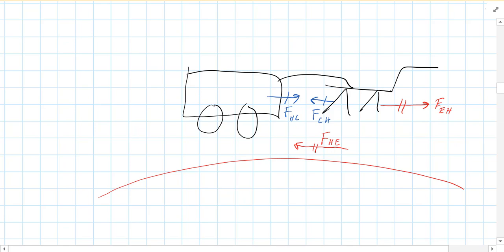Will they be the same as the blue arrows? Well, no. If the horse is accelerating, the red arrow will be bigger than the blue. Now, if the horse is going at constant speed, or another example, if a car is going at constant velocity, then those two arrows, red and blue, would be the same. But if the horse is accelerating, getting the cart going, then the red would be bigger than the blue, okay?